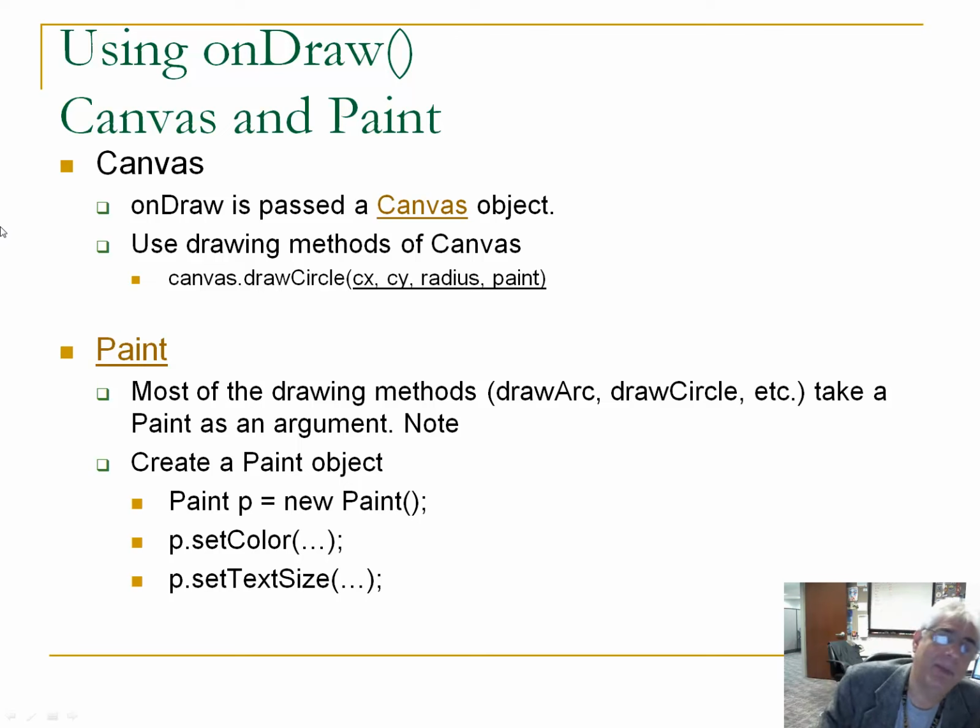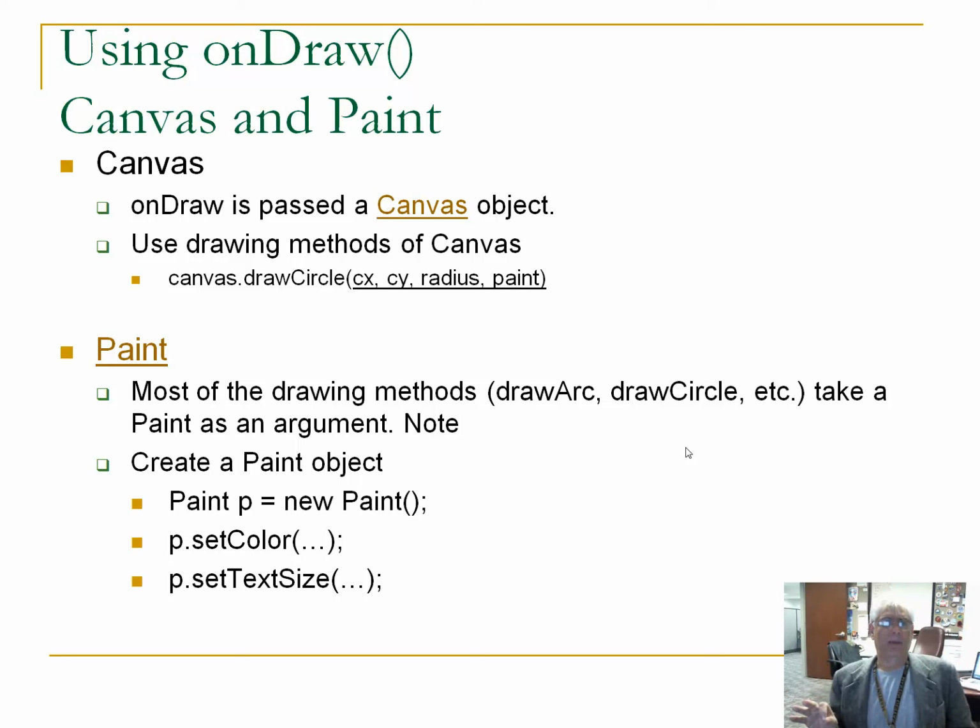If you look in the API documentation, and I strongly suggest that you do, you'll see a fair number of methods of this form: canvas.drawCircle, drawArc, drawRect. These are referred to as drawing primitives.